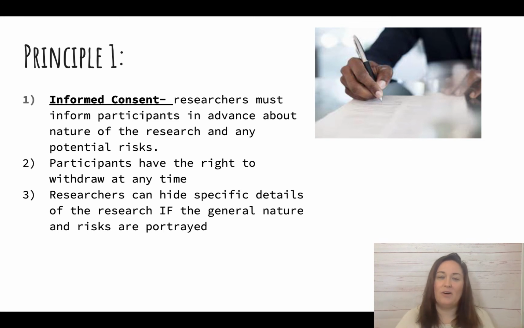So for example, if we're trying to study how much people pay attention, and we tell all of the participants we're studying how well you can pay attention to this versus this, the participant might really try to pay attention more, and that would skew the results. So you're just telling them what's going to happen, what to expect, but you're not necessarily telling them what you're looking at, because that could change the results. But that would still be considered informed consent.